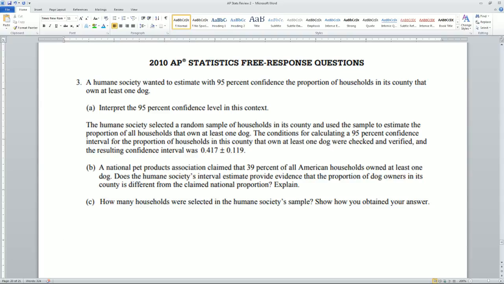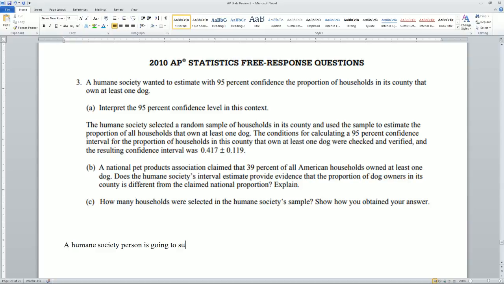Sure, but I'm asking you, the Humane Society wants to estimate, right? So they're going to do what? A person who works for them is going to survey a household, correct?